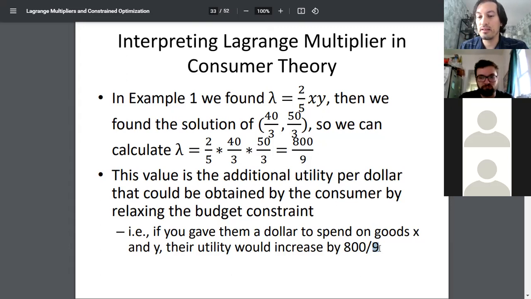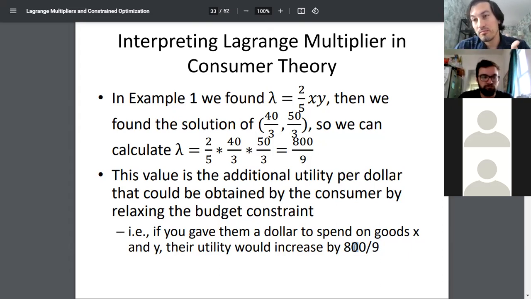additional marginal utility. This is essentially like their marginal utility of wealth, which is kind of an interesting concept as well, because it sort of takes away the consumer problem, right? I don't even necessarily need to know how you use your wealth, but if I give you an extra dollar, you have more wealth.